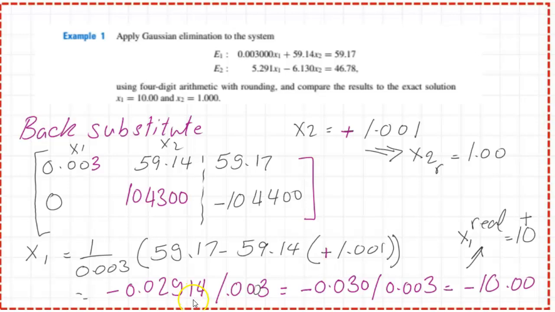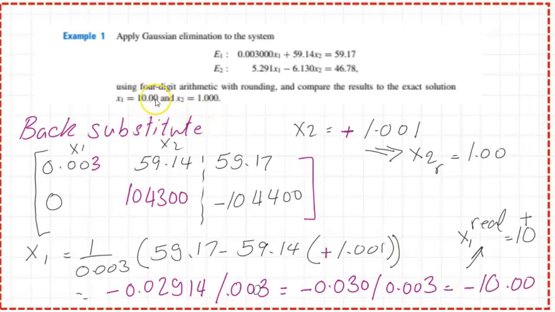For this first term, we have minus 0.002, and because of the 9, we will have this value as minus 0.030 divided by 0.003, so it is minus 10. Again, we will compare between the exact values.